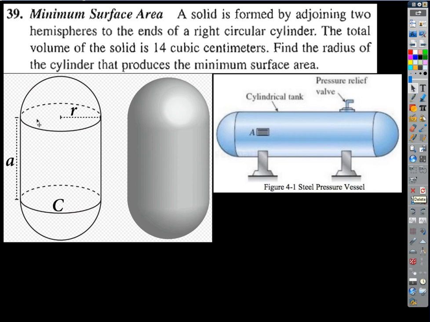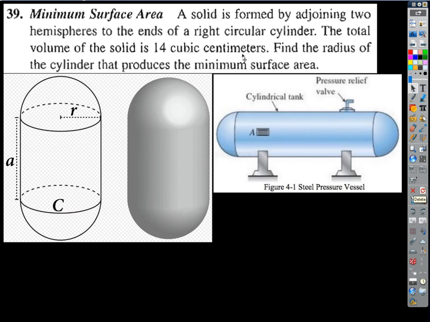Then it's basically asking for the smallest shape that's going to contain 14 cubic centimeters of volume, the smallest surface area that's going to contain that. Do you have any predictions? Why don't you just have a circle? You mean a sphere? It might be that.